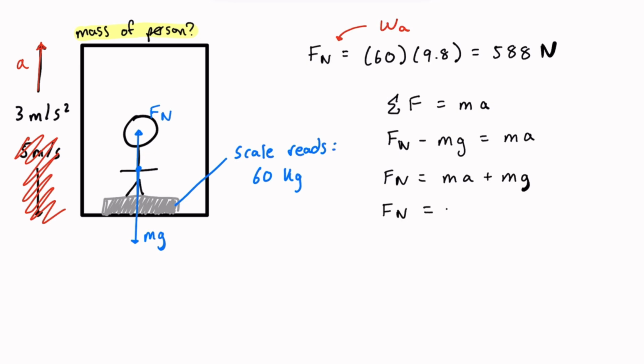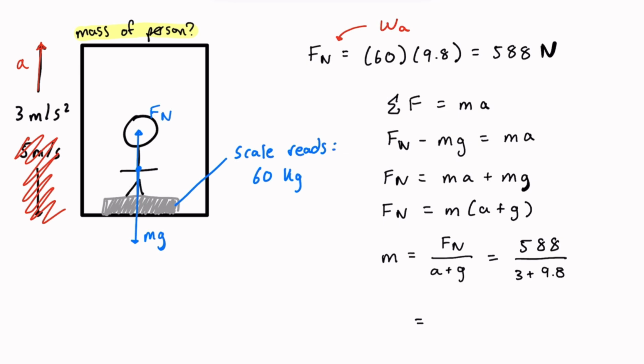We'll take out m and divide by a plus g. So m is equal to Fn over a plus g. When we substitute, we get 588 over 3 plus 9.8, and this is equal to 45.98 kilograms.